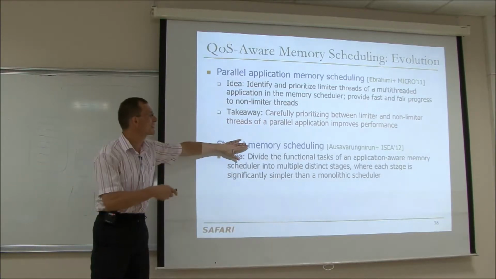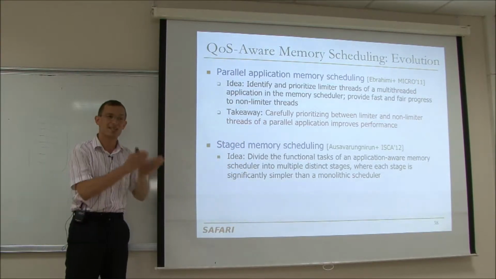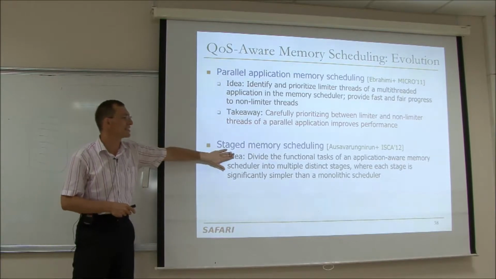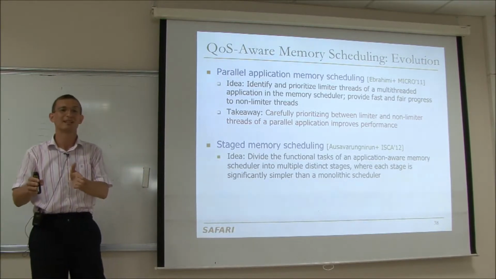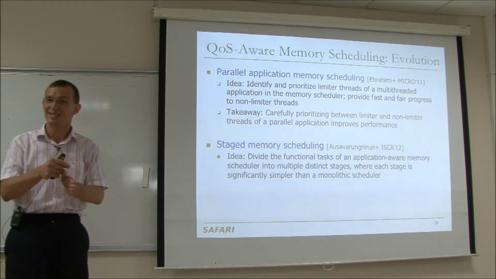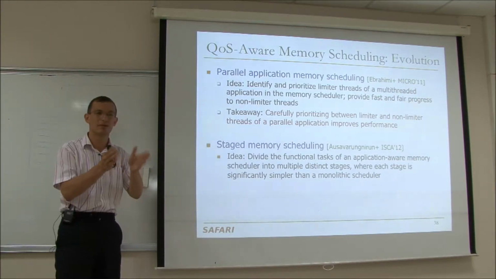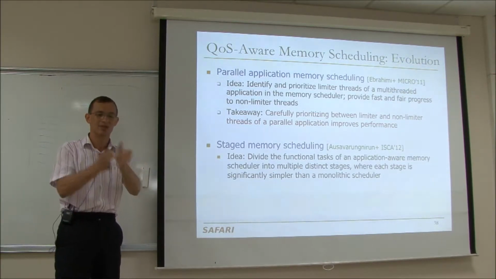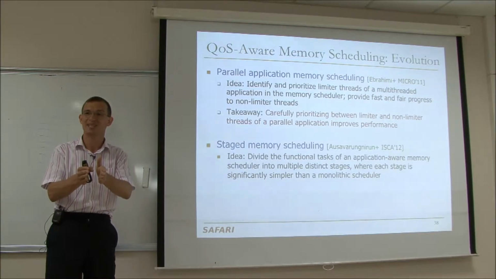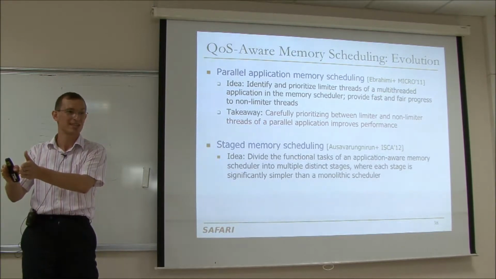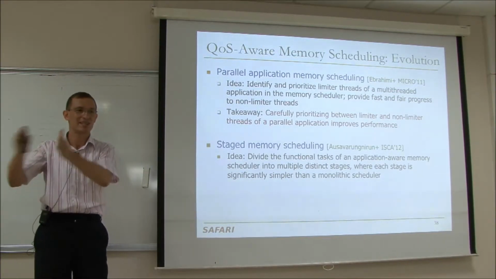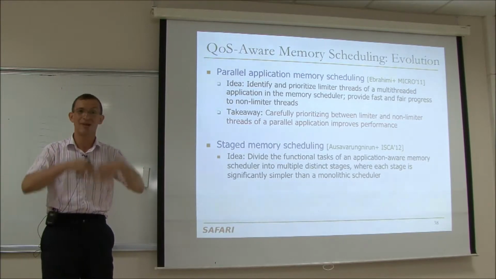So we've divided the memory scheduler into multiple distinct stages, where each stage is significantly simpler than a monolithic scheduler, and each stage performs a different task. We'll see that you do row buffer locality in one stage, you do application-aware scheduling in another stage, and you do DRAM command scheduling in the third stage, and you divide the buffers such that you don't have a monolithic buffer that does everything.